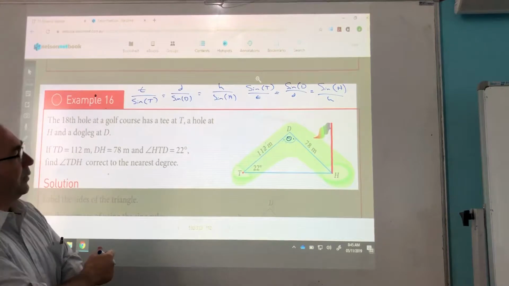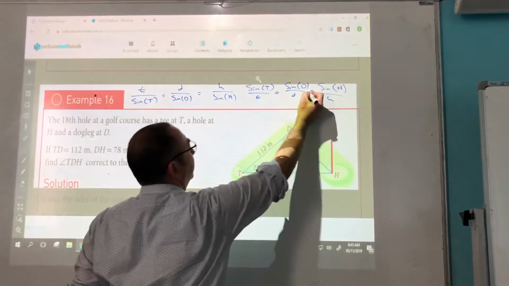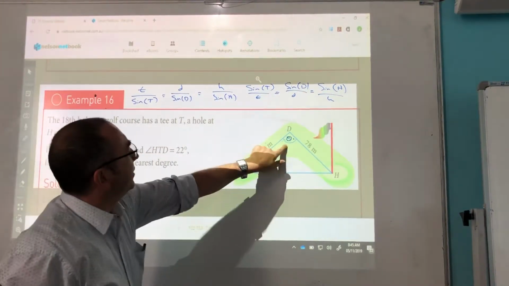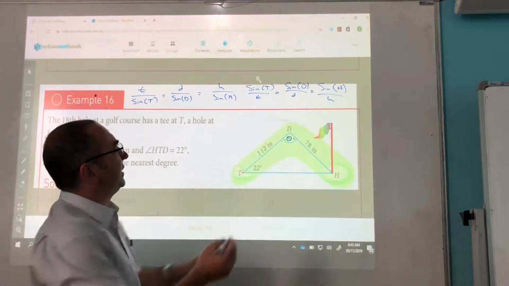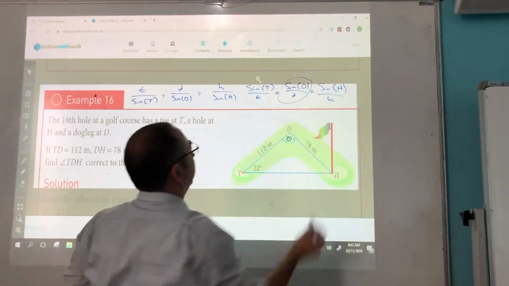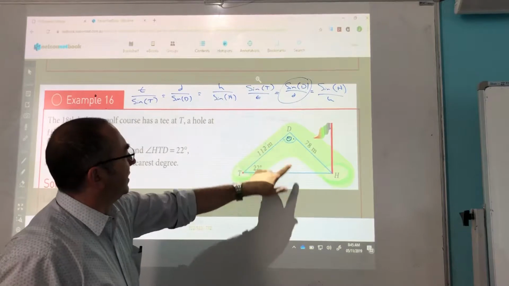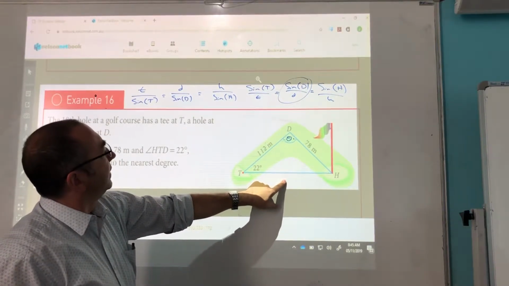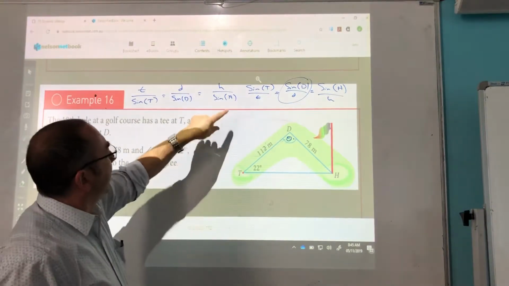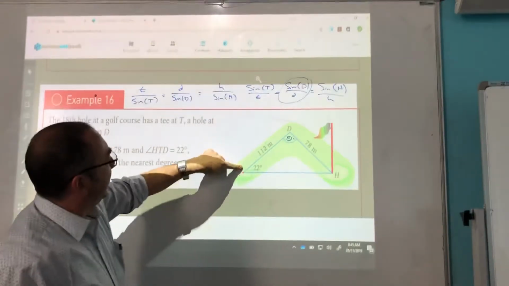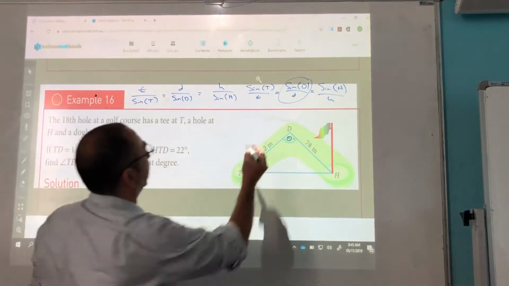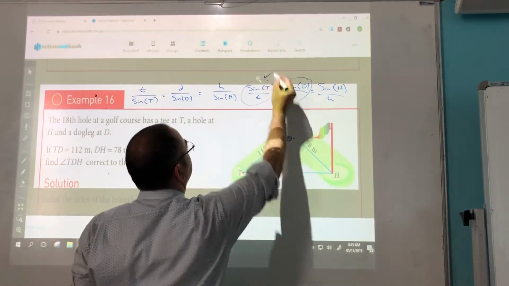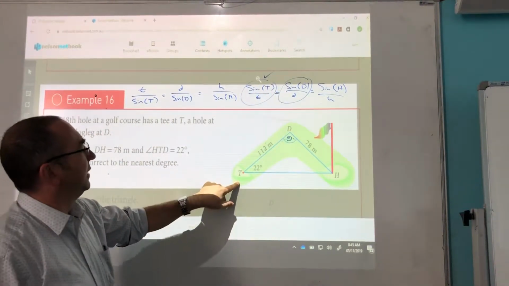So let's work out which part of the formula we actually need. We're interested in the angle at D, so we're probably going to use that bit. We don't have a side D though, so that could be tricky. We do have an angle here at T and a side, so that's good. We're definitely going to use that because we've got both bits of it.